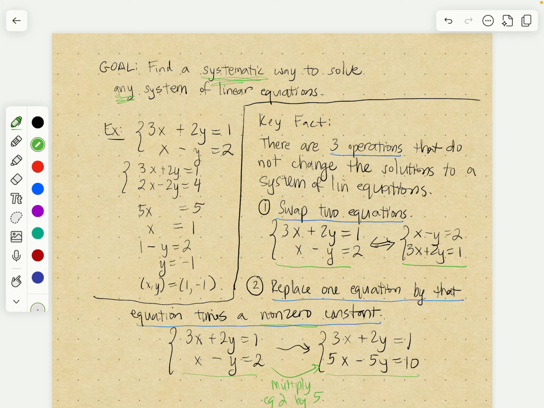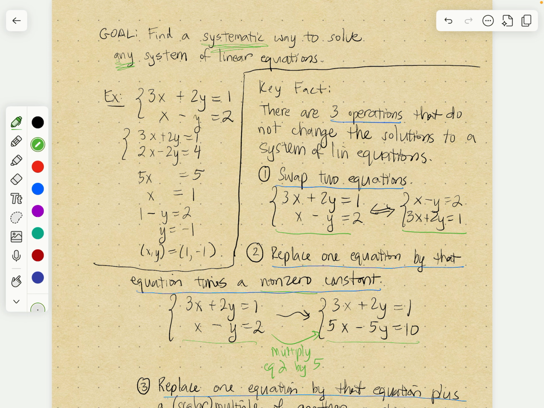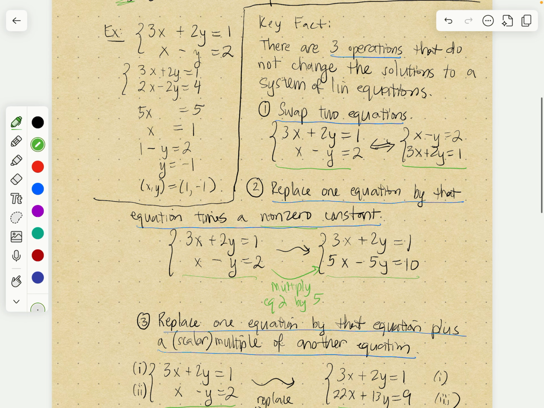And Gaussian elimination, there are lots of different names for it, is a way to do that. It will consist of repeatedly applying these three operations in a very specific order, in a very algorithmic way. So we'll talk about that in another video.